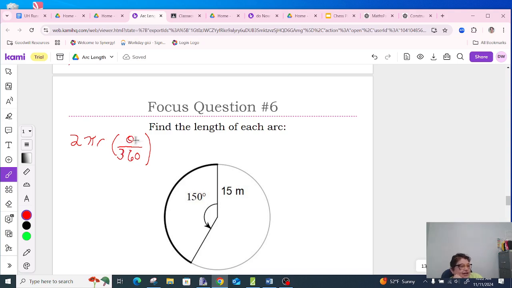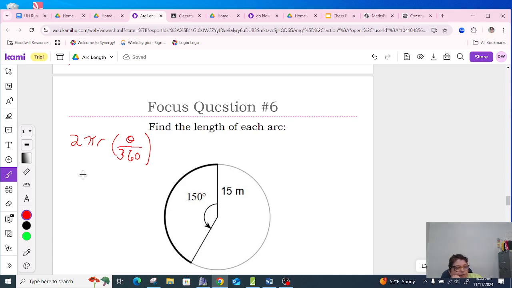Theta is just a Greek letter that means degree. When we were doing trig, you may have seen me write a theta before. It's just they use a different letter when they're talking about degree. It doesn't matter. You can use an X, right? Because, yeah, it's called theta. So, what's the radius?